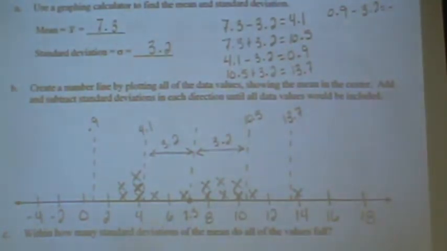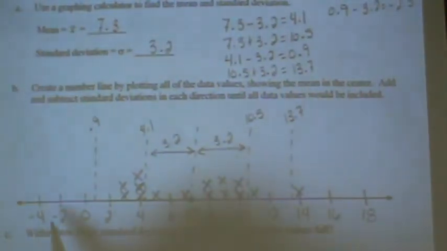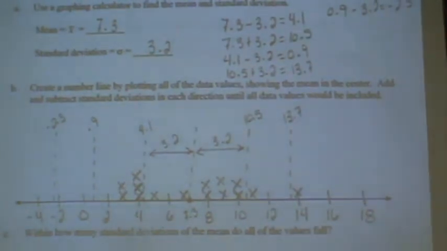So we're going to get a negative 2.3. We'll graph that. That's just a little bit past our 2 here, so that's our negative 2.3.